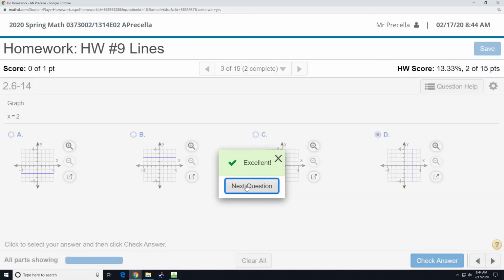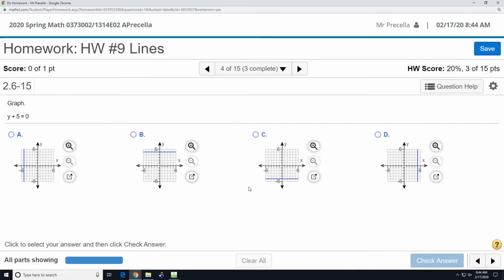So if it's in the form x equals or y equals a number, it's a vertical or horizontal line, not a slanted line. Of course, it might not be in that form. Like problem number 4, let me write that one down.